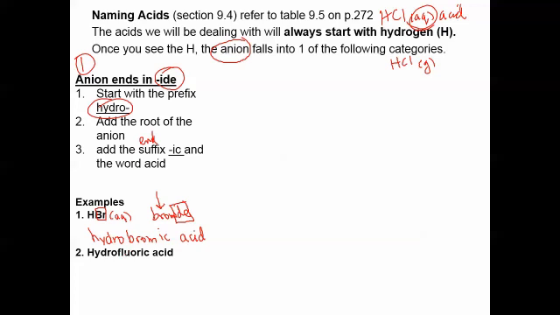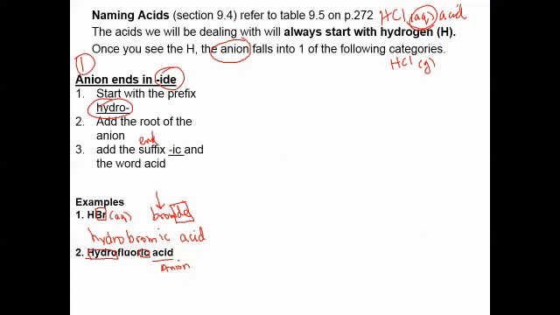And then, going the opposite way. If I see an acid, I know it's an acid because it says acid, of course. But if I see hydro and -ic, this is important. This is the only time I have both a prefix and a suffix with an acid. It goes with the ending -ide. So I know the anion had to be an -ide ending.